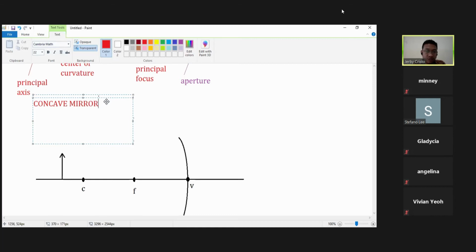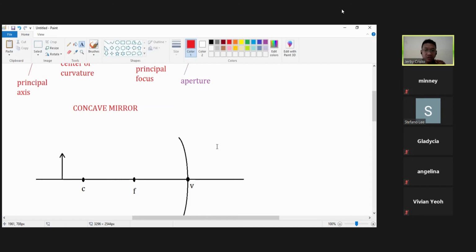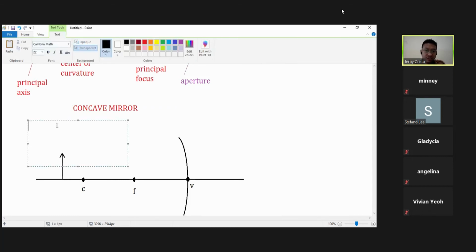Like what I told you, there are 6 cases for concave mirrors, but let me just introduce one of those cases.